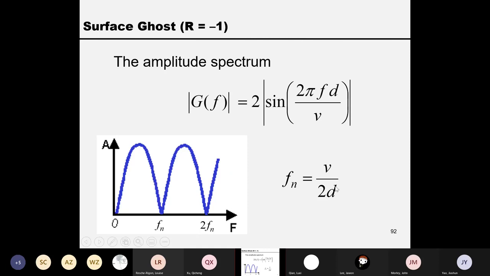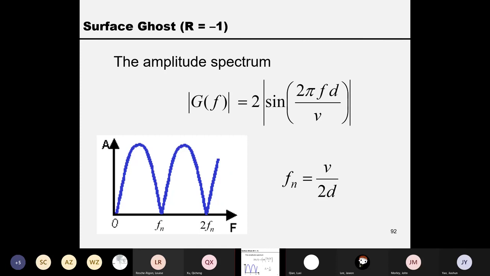Now, because the notch depends on the depth, that means the bandwidth of your data depends on the depth, right? So now you can see the acquisition source depth relates to the final bandwidth of your data. See the relationship here, right? So you can see very simple math here.